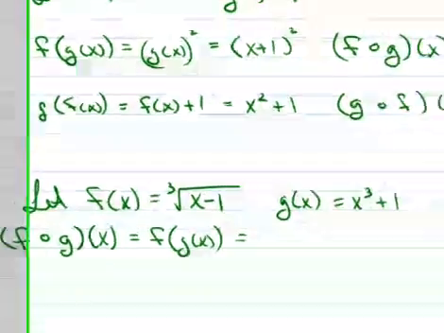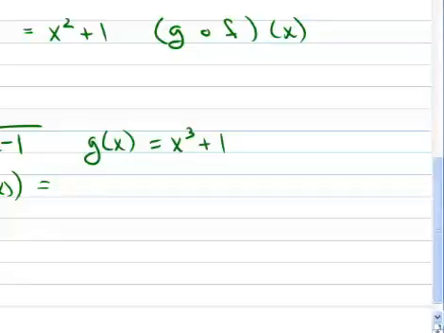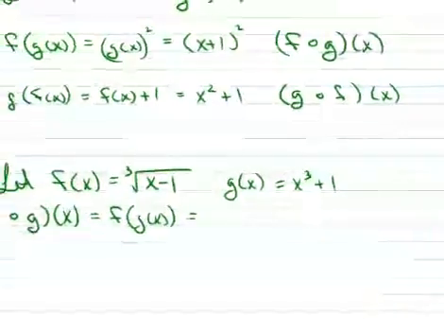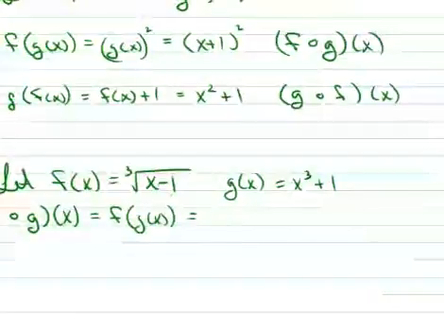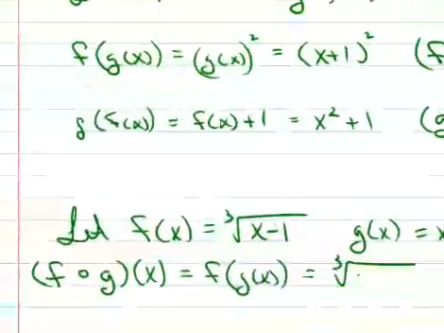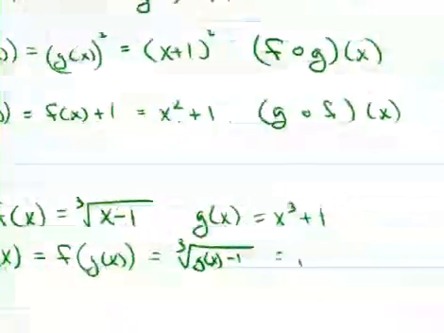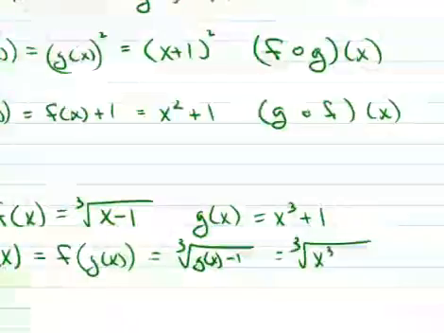F of Amelia's huge stack of books would be the cube root of Amelia's stack of books minus 1. F of g of x would be the cube root of g of x minus 1. And we know that g of x is x cubed plus 1.